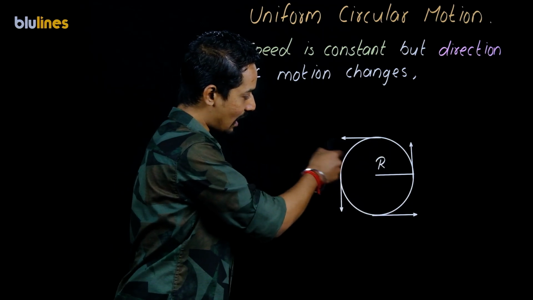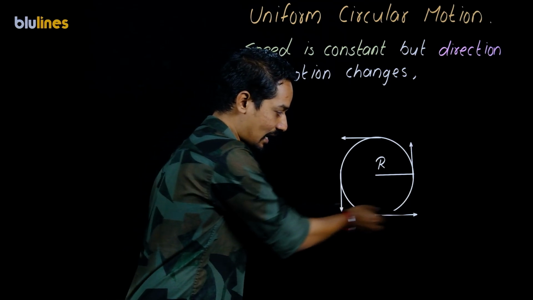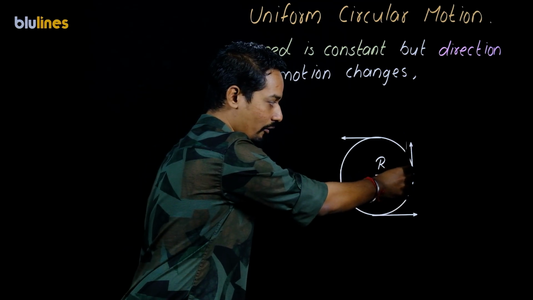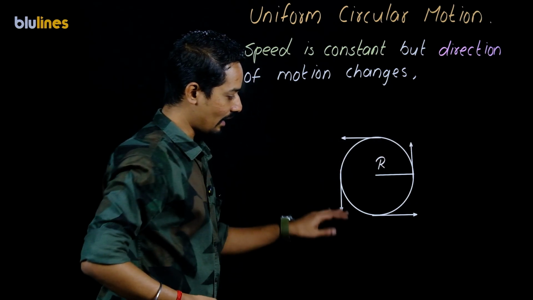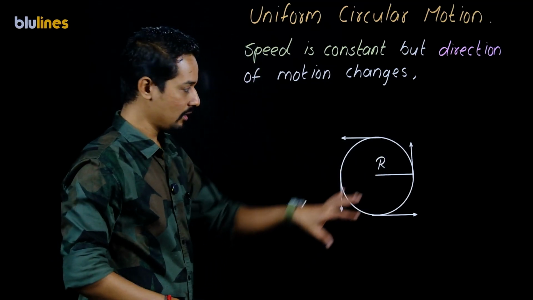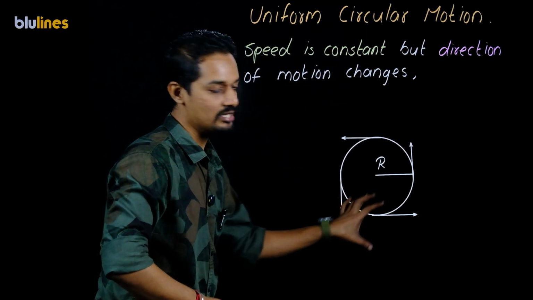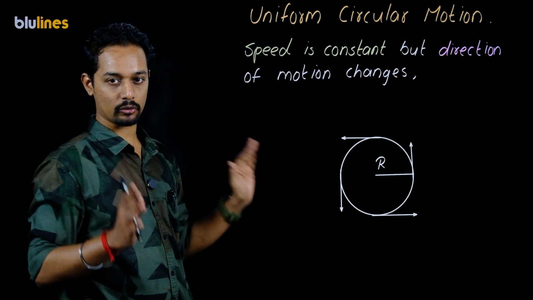These arrows are tangents. When the body is here, it has a direction, that is a tangent. At each and every point, the direction keeps on changing. The direction at this point and the direction at this point are different. So the direction changes overall, but the speed is constant. This is what we mean by uniform circular motion.